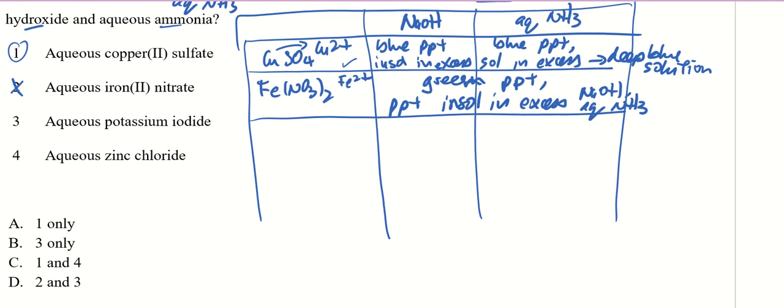Let's see if we use potassium iodide. Okay, potassium iodide, or rather let's just write KI.